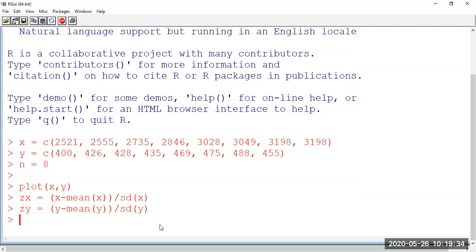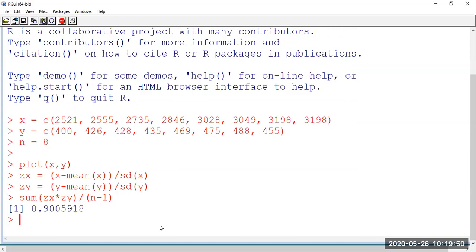Then the sum of the products of the z-scores divided by n minus 1, where n is just 8 houses, is going to give me the linear correlation coefficient R, which is 0.9005918. So it's pretty close to 1. That means that what we were looking at before was a line that was ascending.